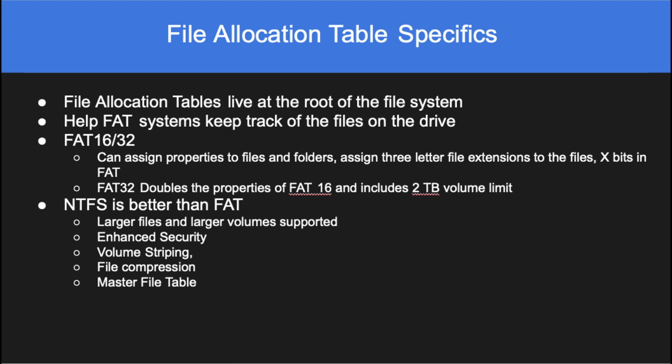How this converts for us is that FAT32 can store up to 2 terabytes on a volume and up to 4 gigabytes in a single file, as opposed to half of that on FAT16.